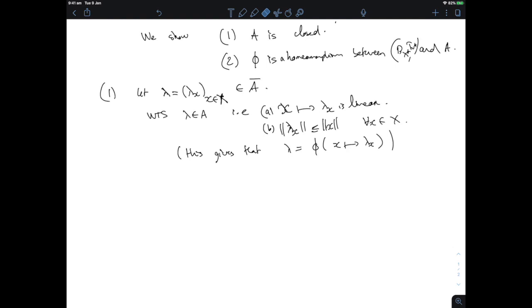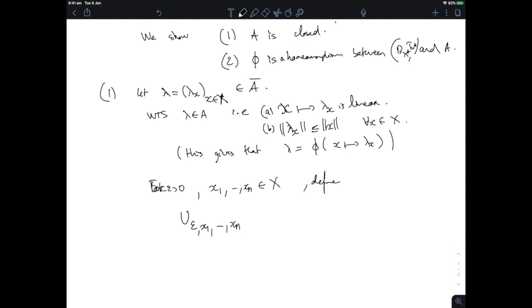Now, to do that, I need to understand what the neighborhoods of lambda look like. So if I give myself an epsilon and some x1 till xn in my Banach space, some n in N obviously, then I'm going to define a neighborhood that I'm going to call U epsilon x1 till xn.